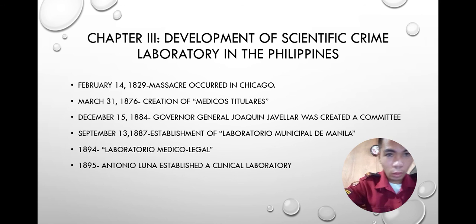So the next is 1894. Laboratorio Medico Legal was created under the dependency of the judicial branch of the government, with the laboratory functioning under the direction of the physician assisted by the pharmacist chemist.